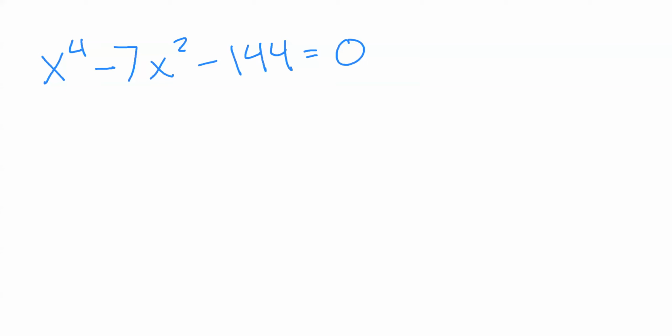So our first example is a 4th degree equation, but you might already notice it does look a lot like a quadratic. Basically, all our x terms are now x squared terms. So here we can just use substitution, and we can say let y equal x squared.